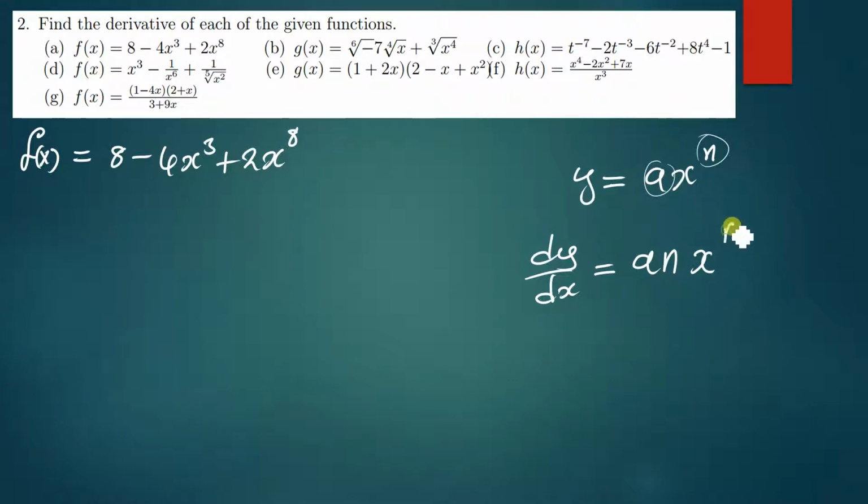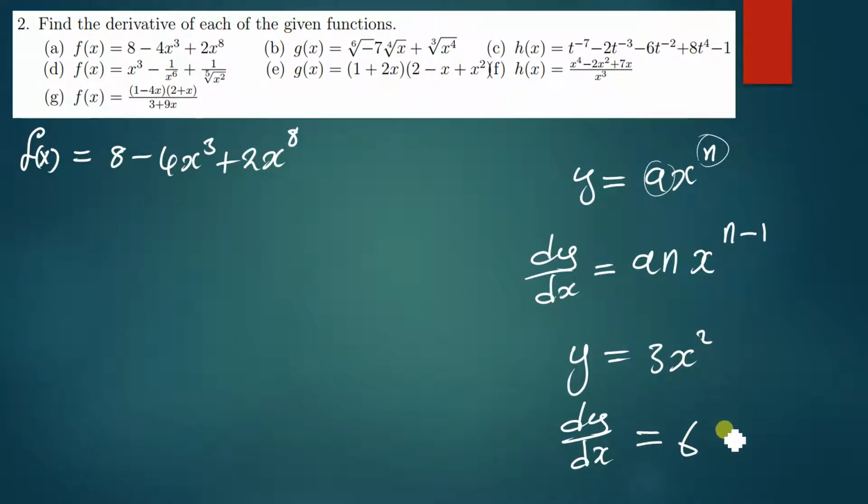Then you subtract 1 from n. So if, let's say for instance, you have y is equal to 3x squared, dy/dx is therefore going to be equal to 2 times 3, the answer is 6, and then you have x, and then you subtract 1 from 2, you get 1, which is just the same as 6x. So this is what we're going to apply on all these terms in this function.